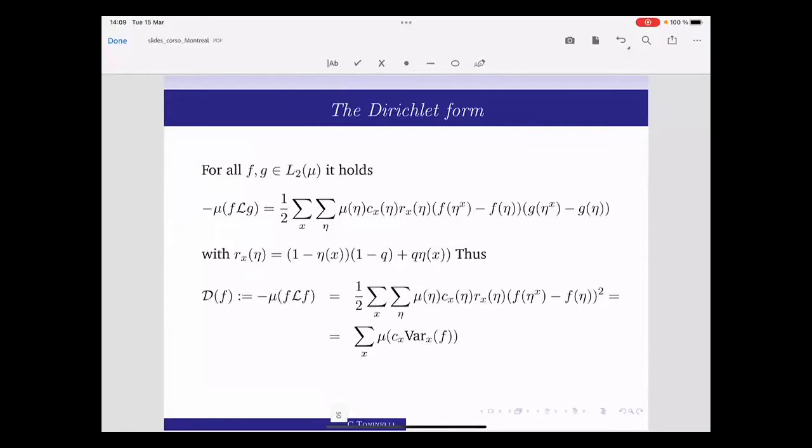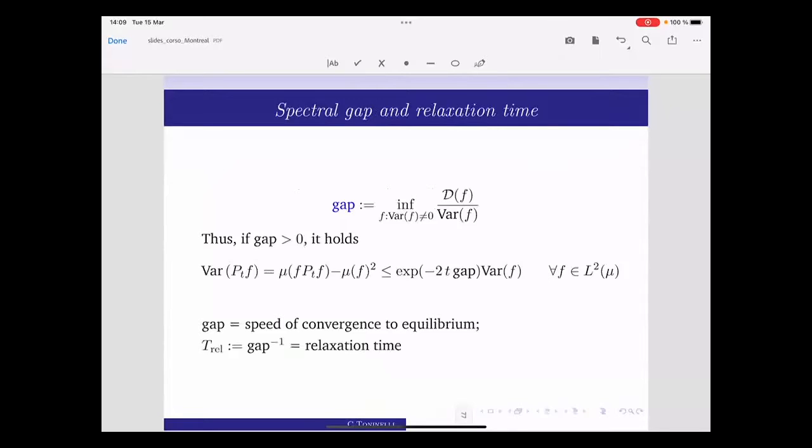This form can be written as a global mean over the whole space of a sum over all sites of these constraint functions times the local variance on that site. Yesterday, we saw that there is a critical value of this external parameter q, which determines the equilibrium density of empty sites, below which convergence to equilibrium does not occur, and above which convergence to equilibrium occurs.